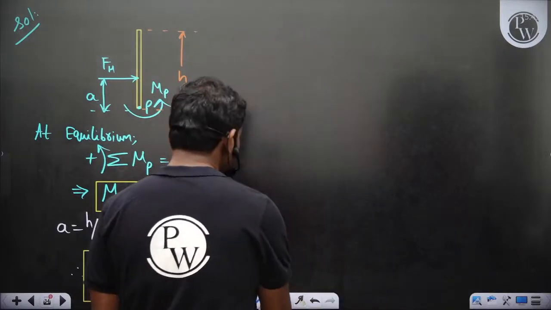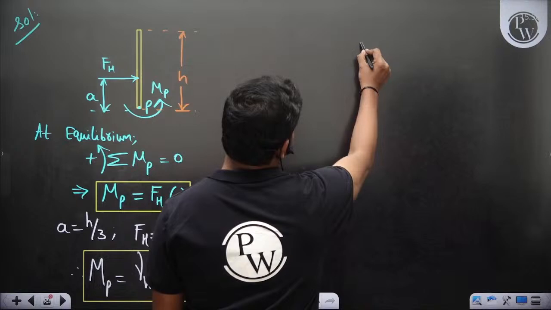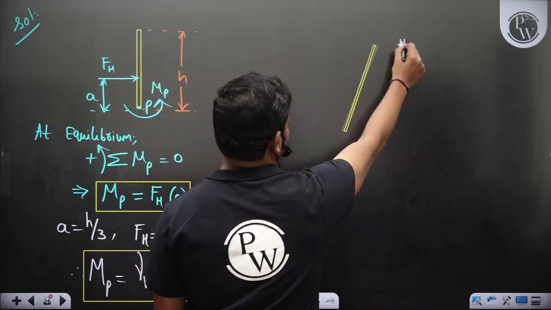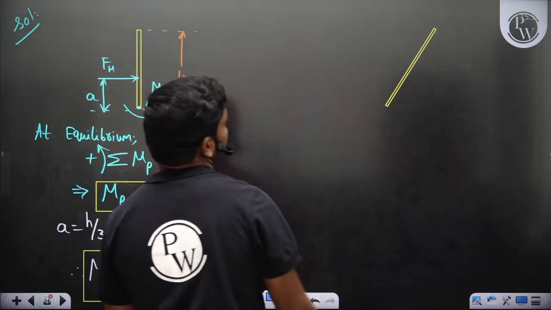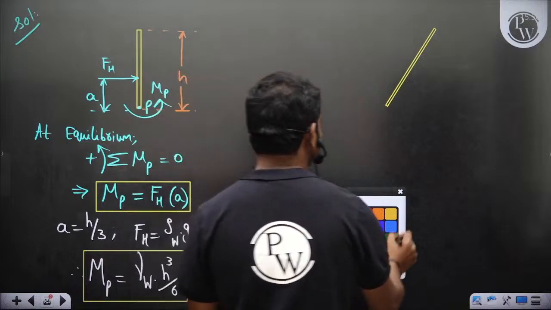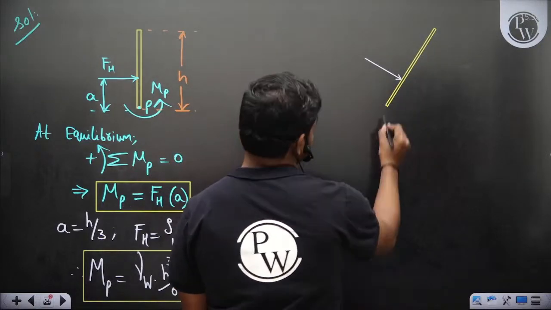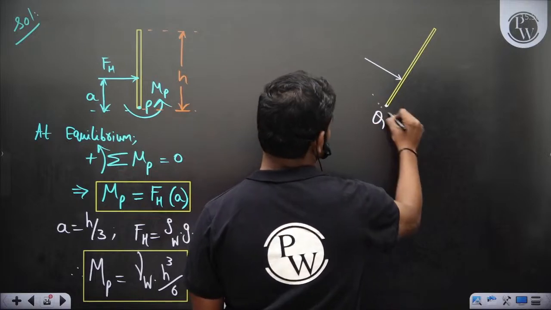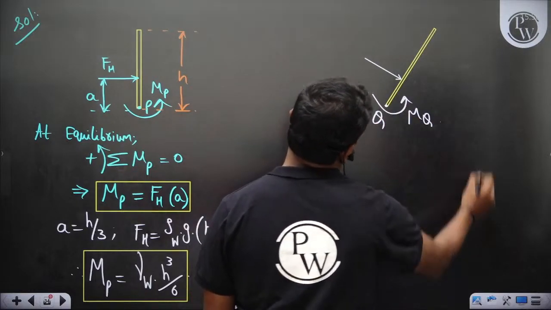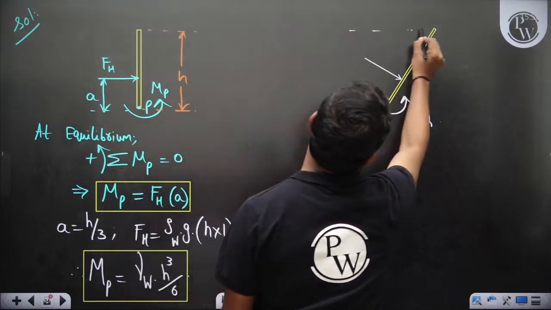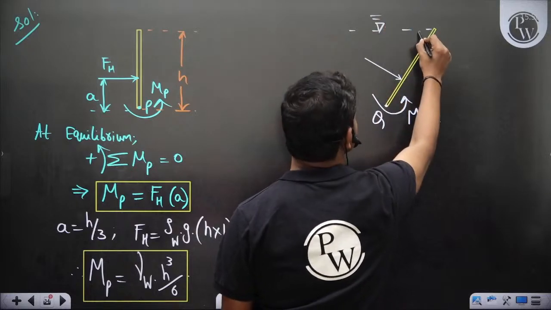Now let's look at the second story. You have the gate, and you have the hydrostatic force, obviously like this, normal, and this point is Q. So there is a resistance M_Q at this point, and this is the free surface level. So this is some angle theta.